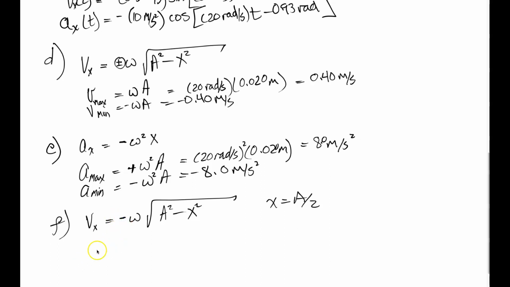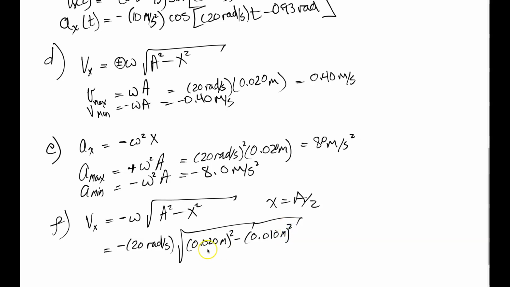So we can use, remember that the velocity function is given by that equation, so we have minus 20 radians per second square root of, this is going to be 0.02 meters quantity squared minus 0.01 meters quantity squared, and that gives us a speed or a velocity of 0.35 meters per second.